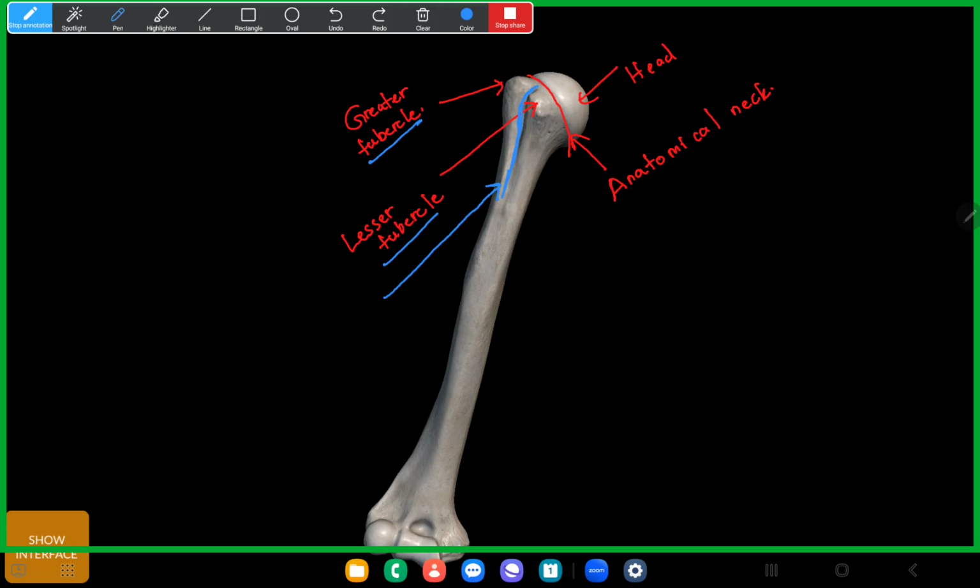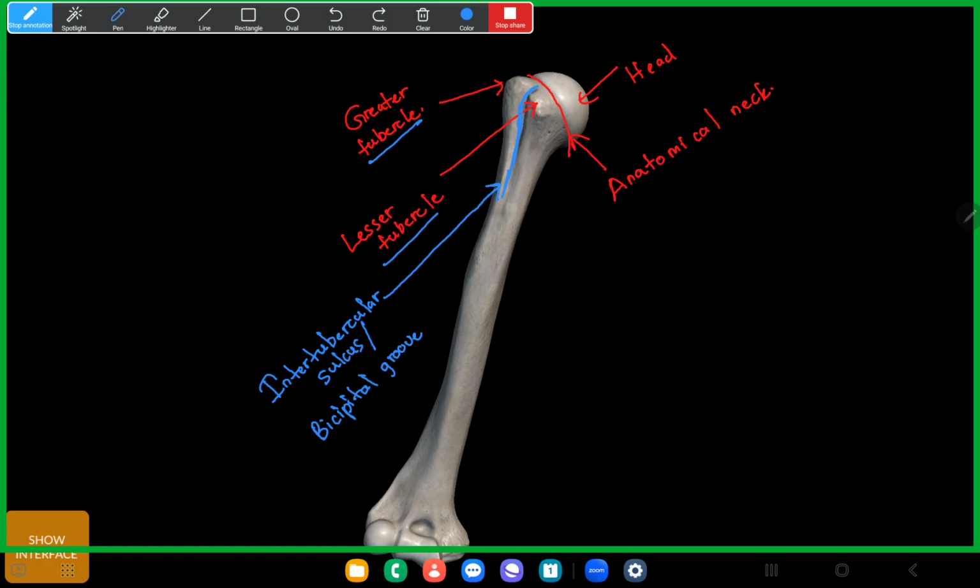The name given for that is the intertubercular sulcus, or it is also called the bicipital groove, because the tendon which forms the long head of the biceps brachii muscle goes through this intertubercular sulcus.